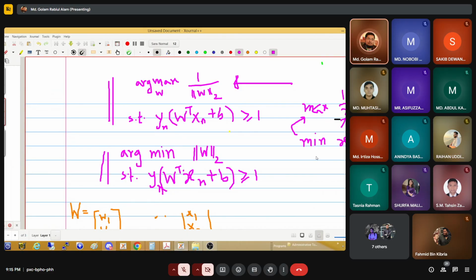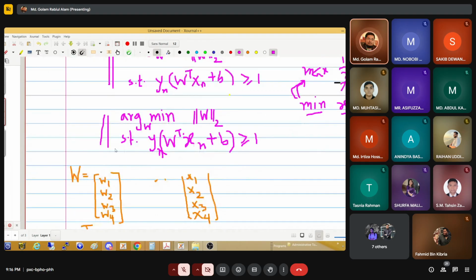Minimization of x is actually the maximization of 1 by x. So that's why we have here the argmin over W of the Euclidean norm, such that yn W transpose xn plus b is greater than or equal to 1.